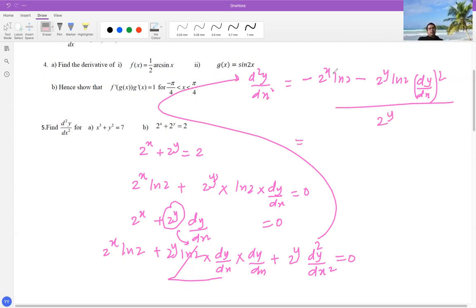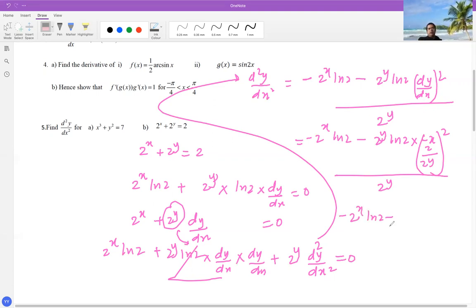So this becomes basically -2 to the power x ln 2 minus 2 to the power y ln 2 into the derivative that you see here, basically dy by dx the whole square. If you replace with -2 to the power x over 2 to the power y the whole square upon 2 to the power y, now what you do is -2 to the power x ln 2 minus 2 to the power y.